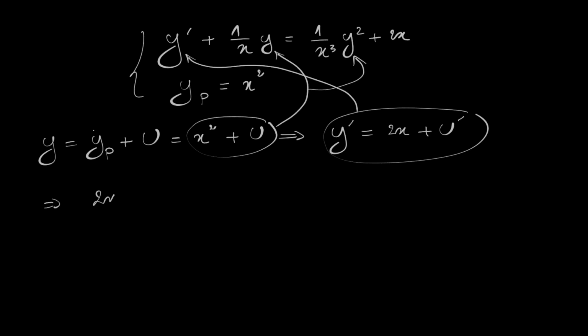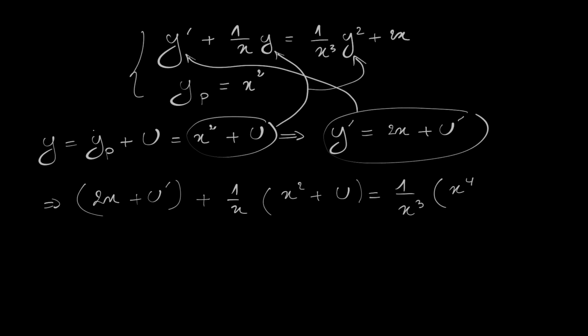We obtain 2x plus u prime plus 1 over x times y, which is x squared plus u, equals 1 over x squared times y squared, which is x to the power of 4 plus 2x squared u plus u squared plus 2x.